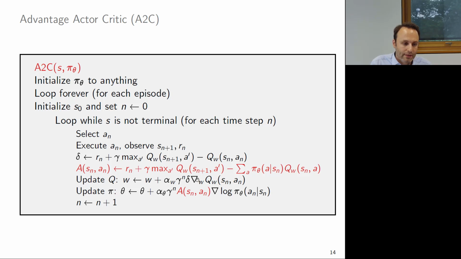And we still put the same delta that we obtained here in the update for the Q values. And for the policy update, we put the advantage function.